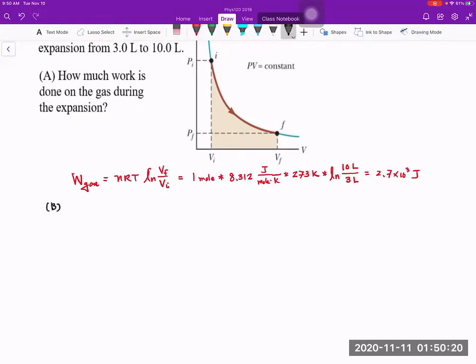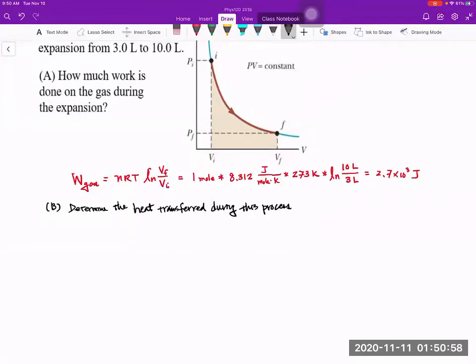Part B. If you want to find this heat, then you have to use the thermodynamics first law.